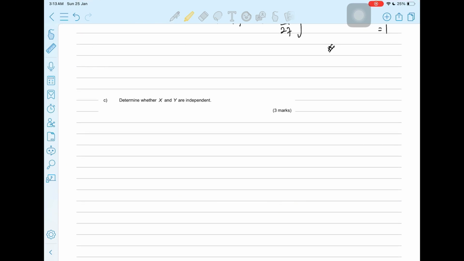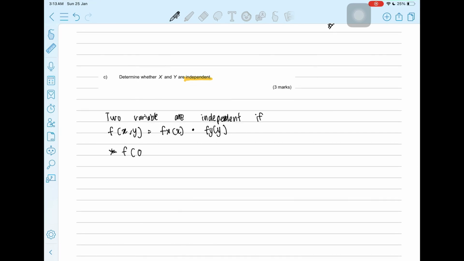So we move on to part C, whether x and y are independent. Two variables are independent if fxy equals fx multiplied by fy. So we write f01 equal to 1 over 27, so we get 0.037.